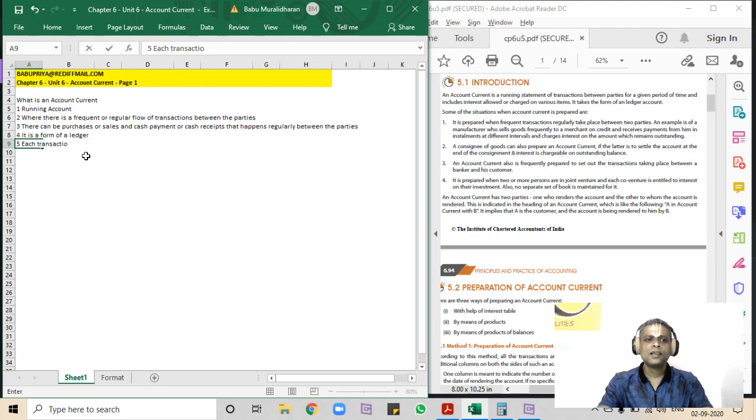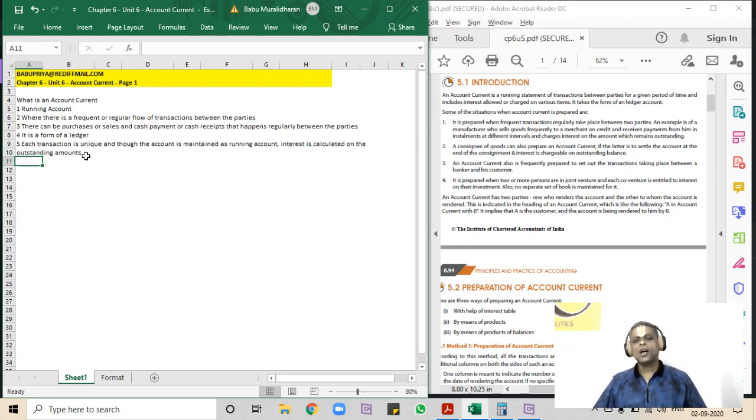Each transaction is unique, and though the account is maintained as a running account, interest is calculated on the outstanding amounts. How is this calculated? Let's see.